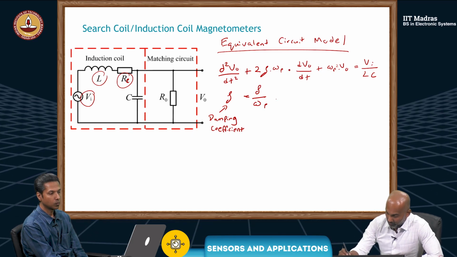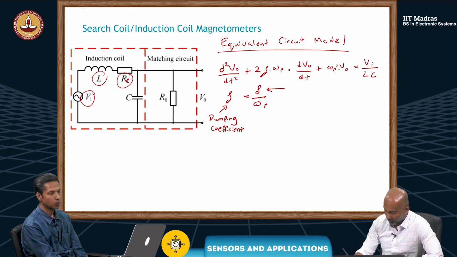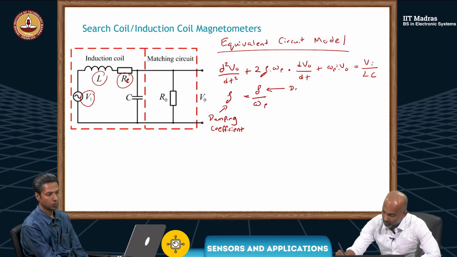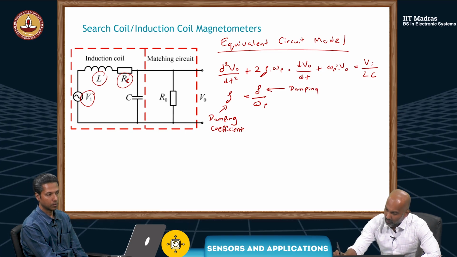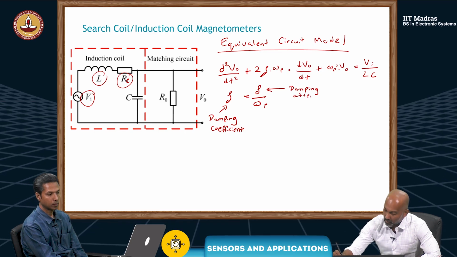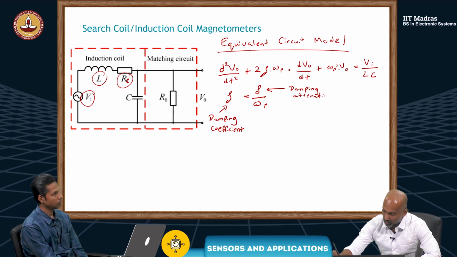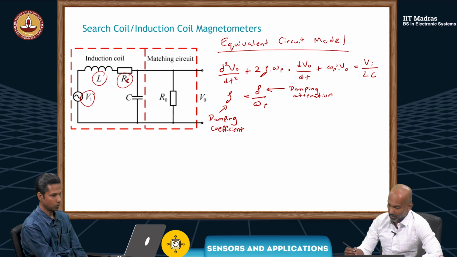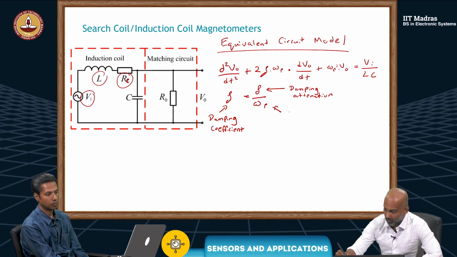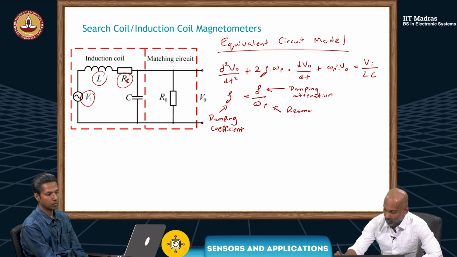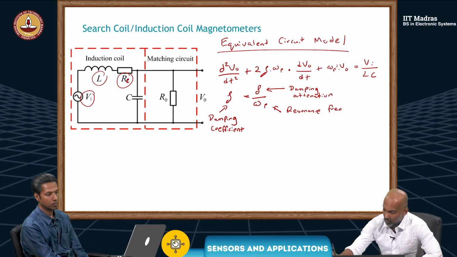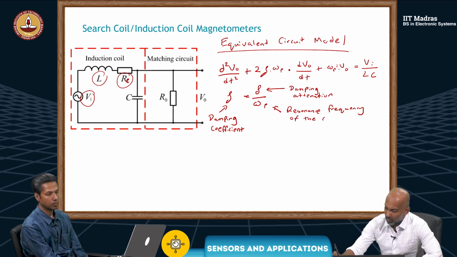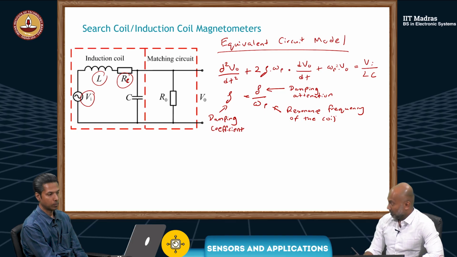This is your damping attenuation, which means the degree of decay. And omega here is the resonance frequency of the coil.